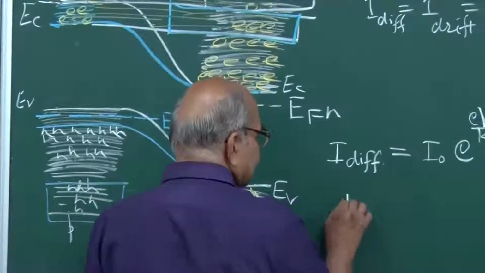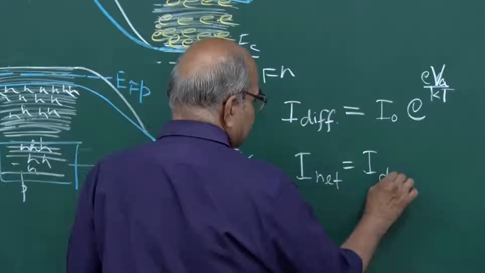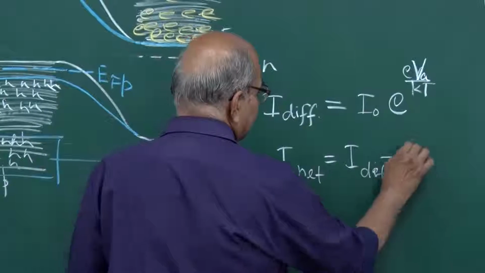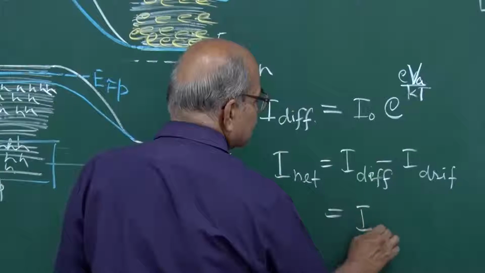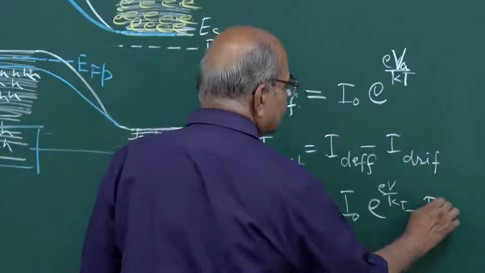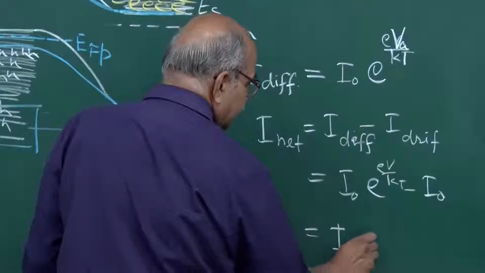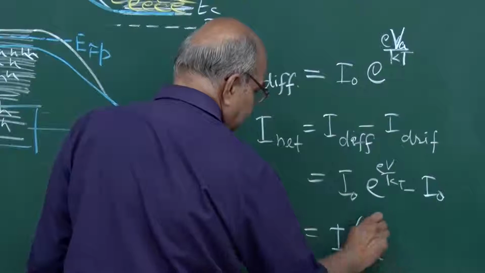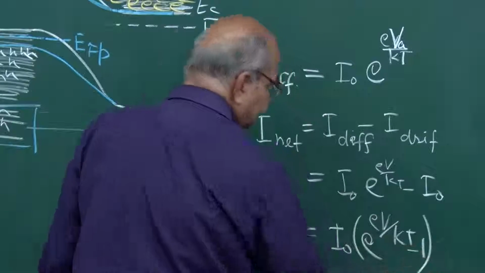So what is the net current? The net current is I diffusion minus I drift, which is I naught times e power EV by KT minus I naught. So it's like I naught times e power EV over KT minus 1.